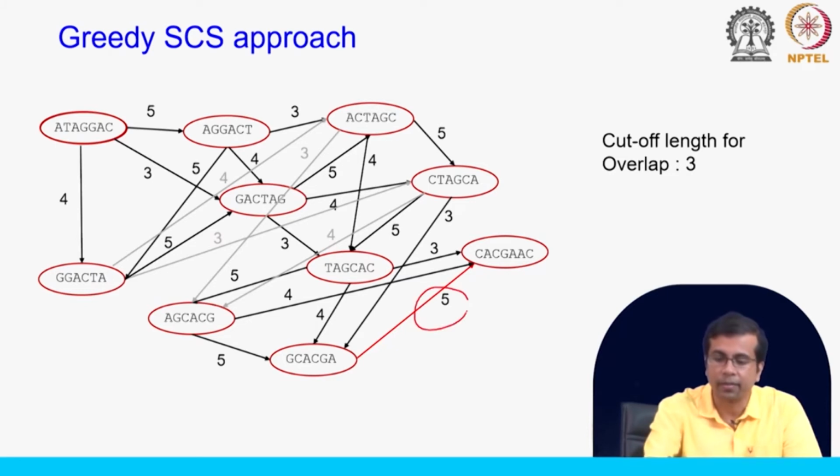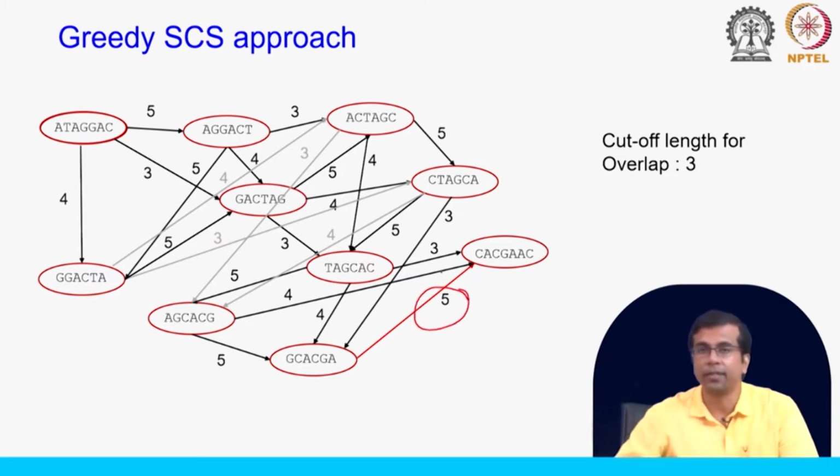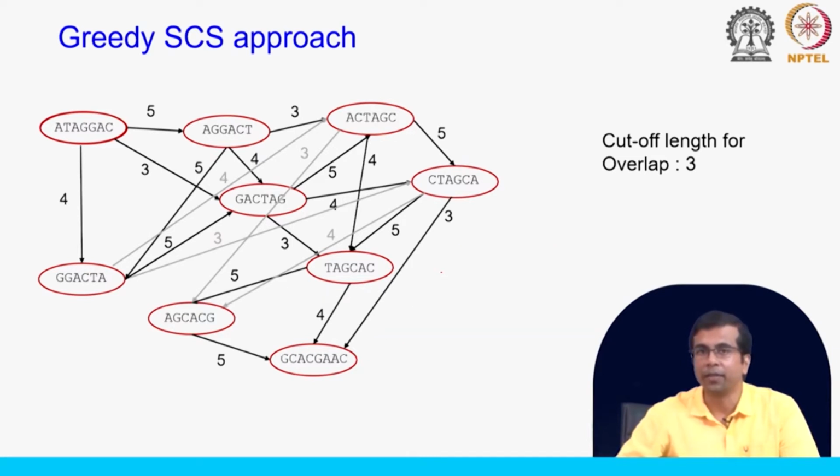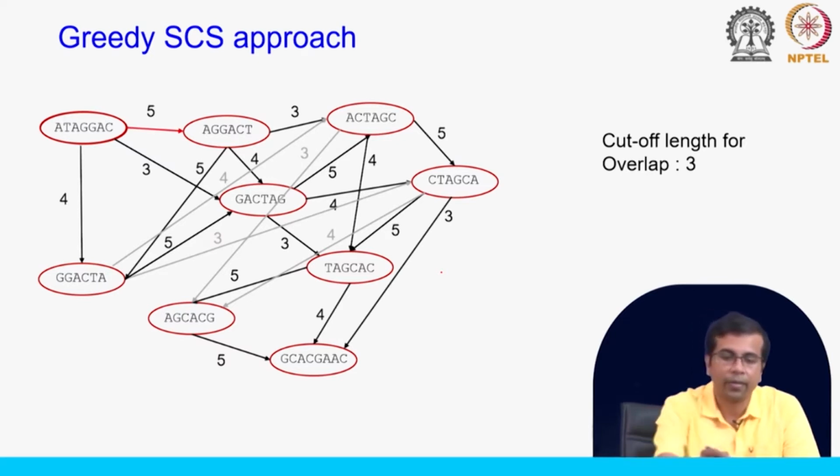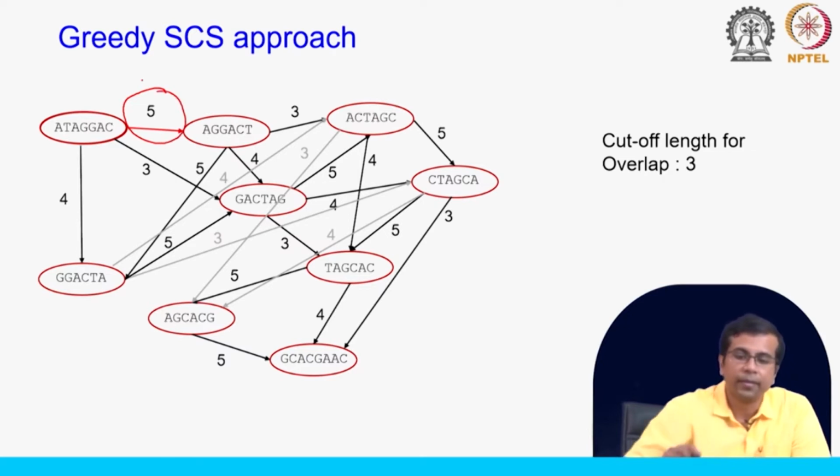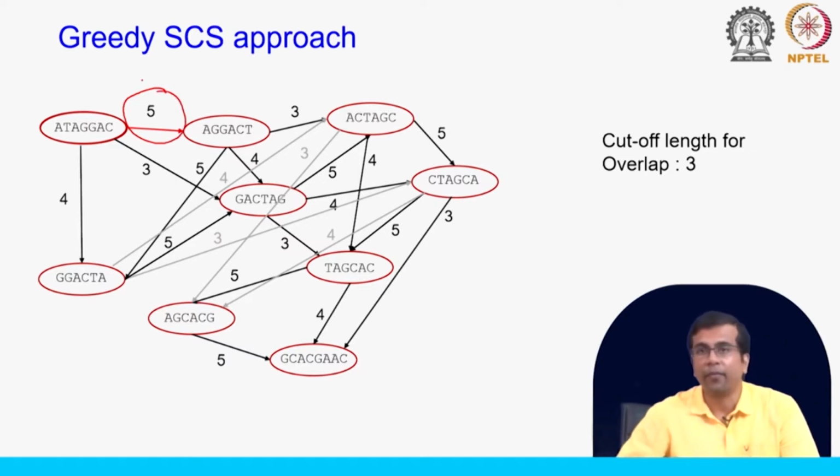So, let us say it chooses this connection. It has to merge this and again update the connections. The next step is the same thing we do. Again we have chosen here, and we still have a 5 overlap.